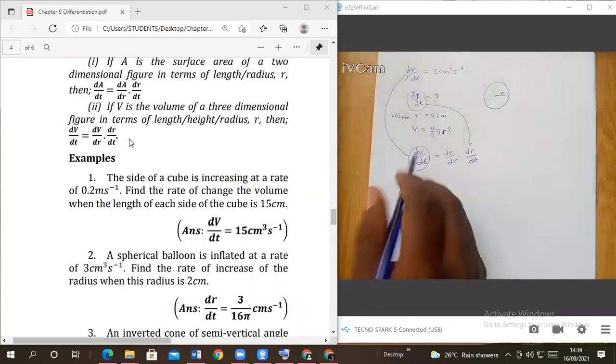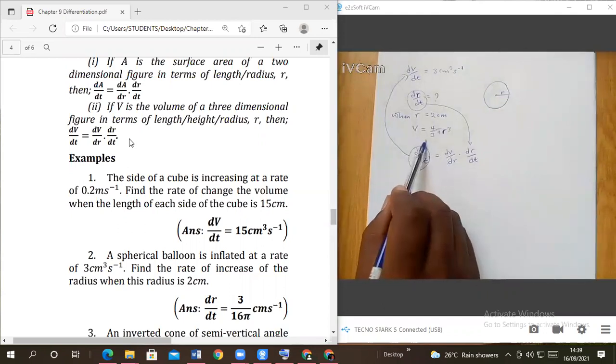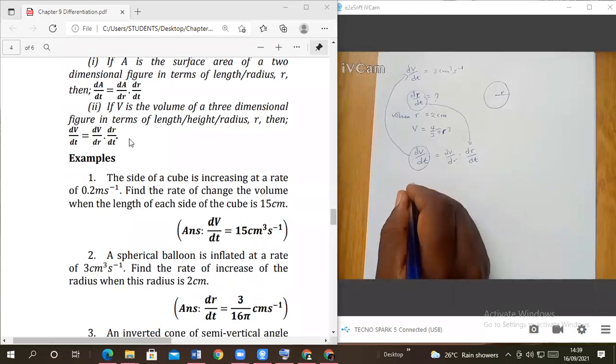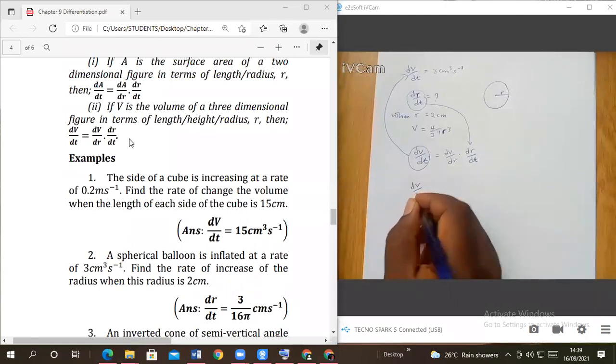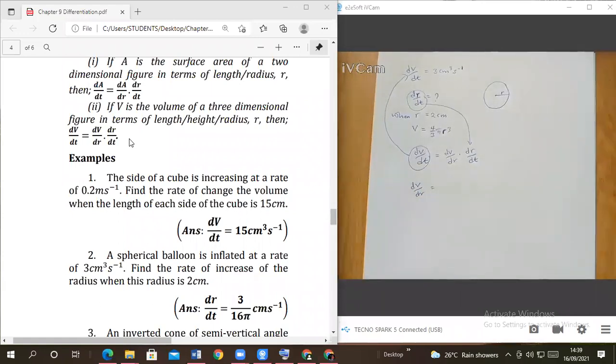All right, so we are going to use this formula to find the dv dr. What is dv dr? From that formula, dv dr is equal to... Is Tarema still in class? Yes, sir.